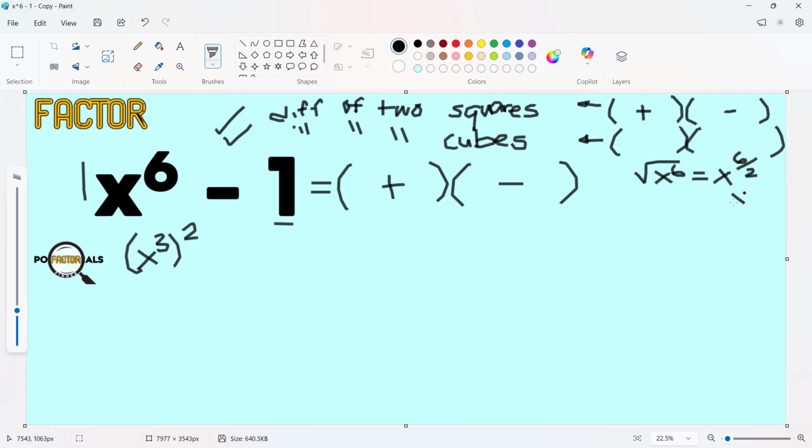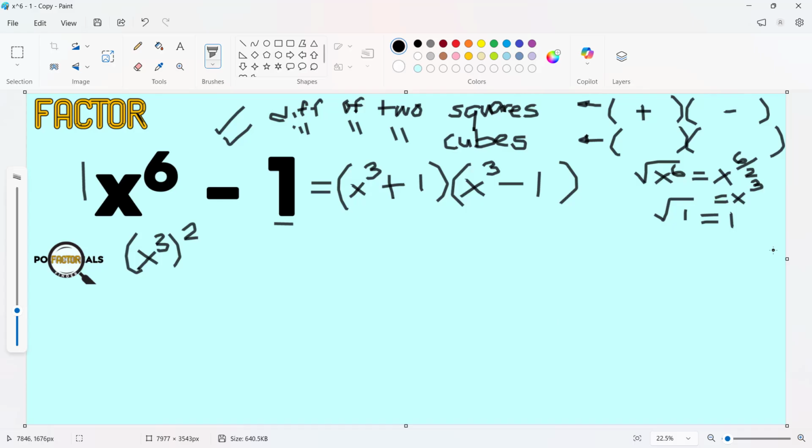So we are having here x cubed. That's the square root of the first term. Now the square root of the last term, disregarding the sign because that becomes the operations here, square root of 1 is just equal to 1. In short, the terms here are x cubed plus 1 and x cubed minus 1.